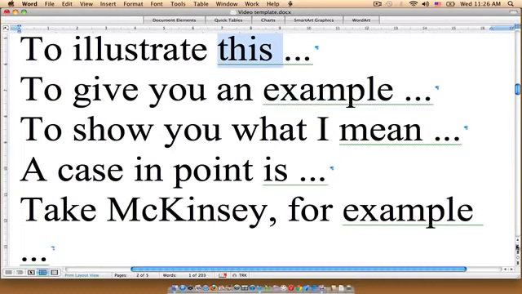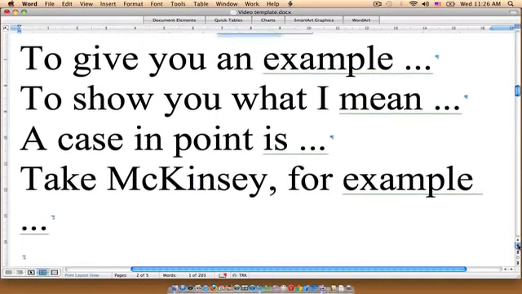Take McDonald's, for example. So McDonald's could be replaced with whatever our example is. This would be a way to introduce it. So I could say take McDonald's, for example. Or if we're talking about places around the world, I might say take Dubai, for example.